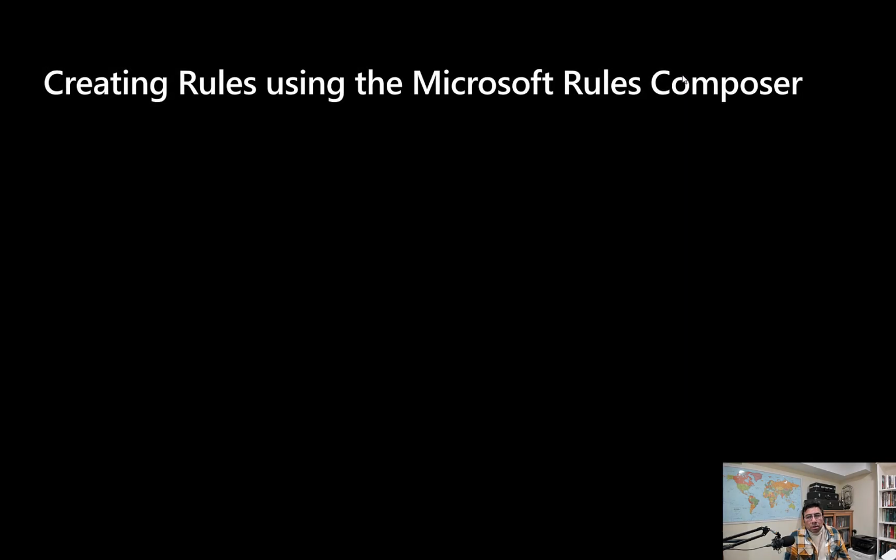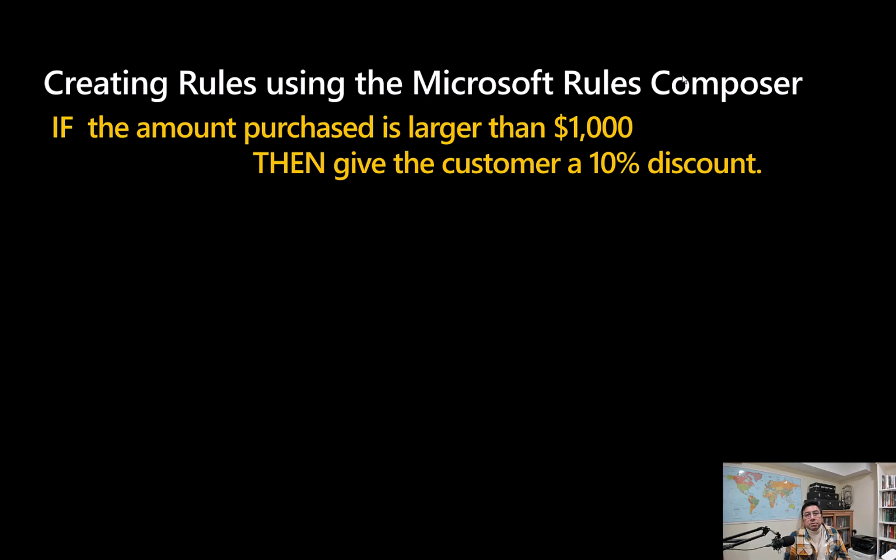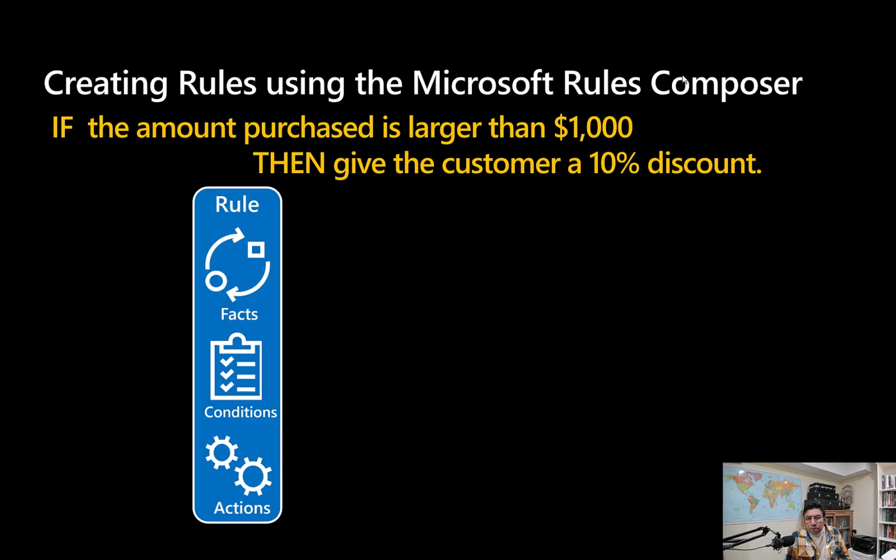One important element, we'll talk about it soon, but something that I wanted to show you is a mapping between what the actual semantics of a rule is and what the elements in the rules engine are. Let's say that we have this rule that says if the amount purchased is larger than $1,000, they give the customer a 10% discount.